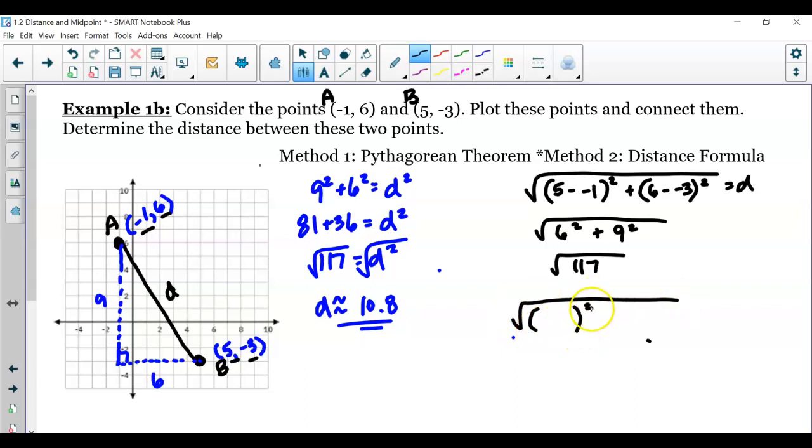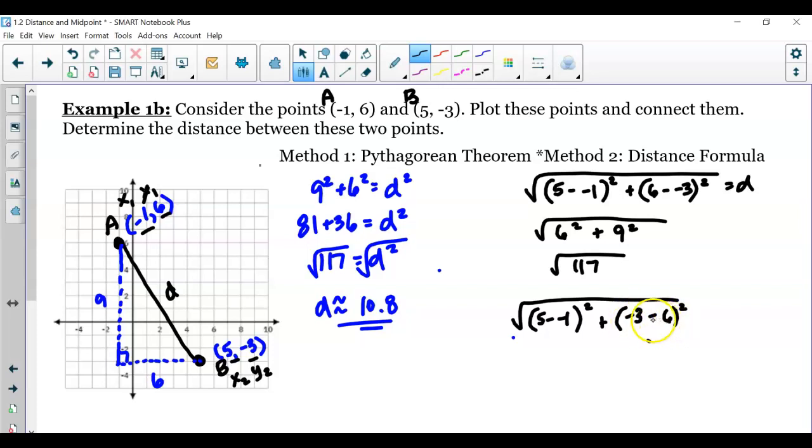Here, if I've got my first point, let's say this is x sub 1, y sub 1, and x sub 2, y sub 2. Here, second point minus the first point. So again, 5 minus -1, plus then -3 minus 6, squared, because y sub 2 minus y sub 1.